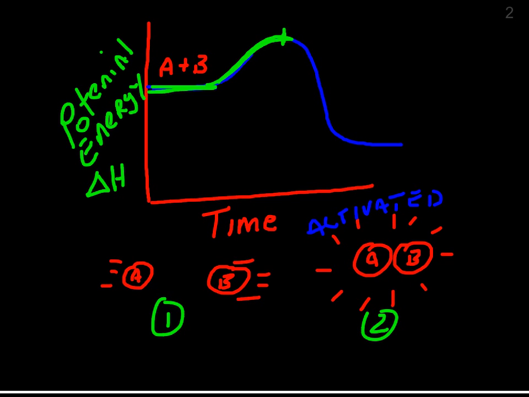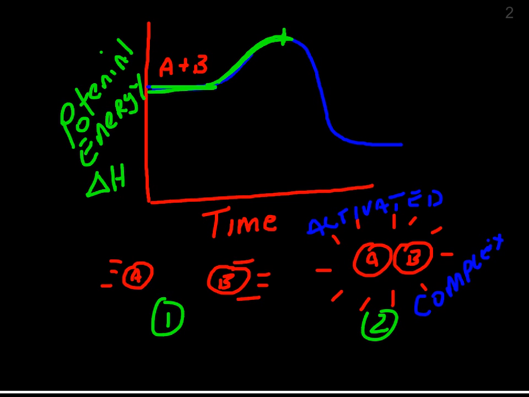So it's an activated complex. And what it means is it's the moment at which the two reactants have hit each other. And two things can happen at that point.